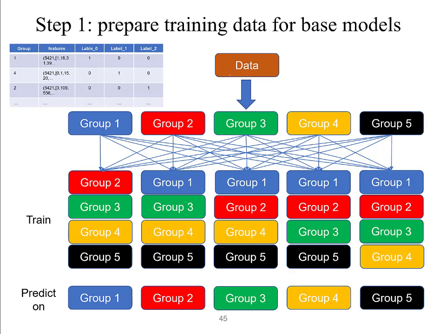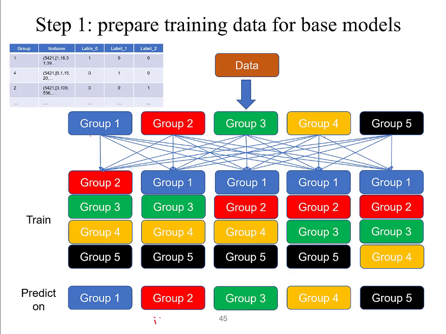With the group ID, we can split the data into 5 different groups, and then generate 5 sets of training data and prediction data. For the first set, we use the first group as the data for which we generate predictions, and we use the rest to train a model.